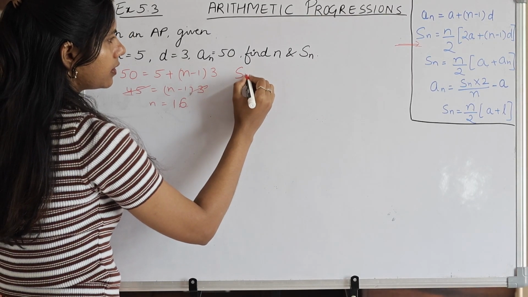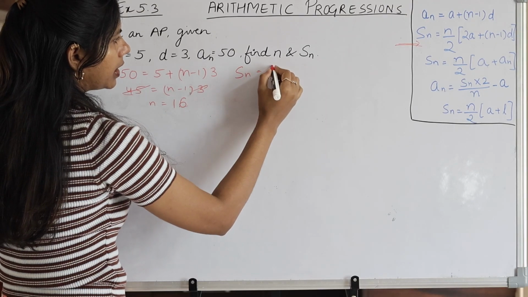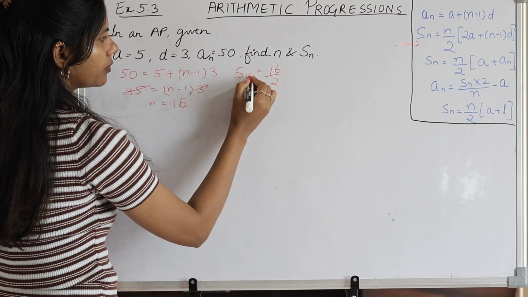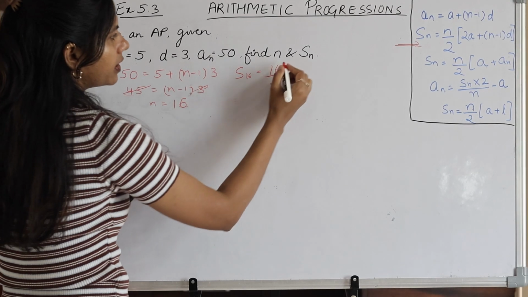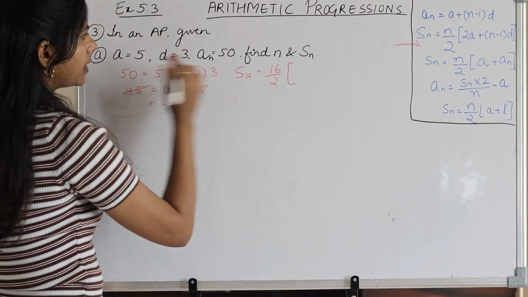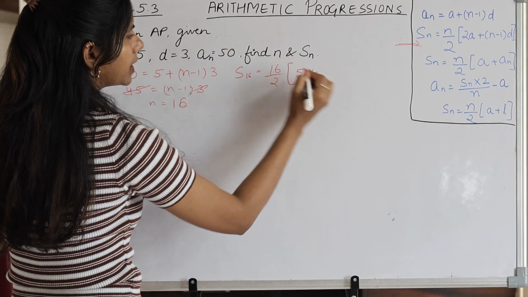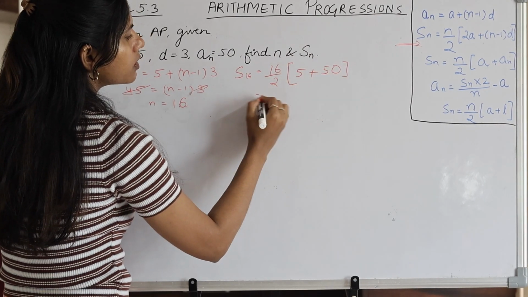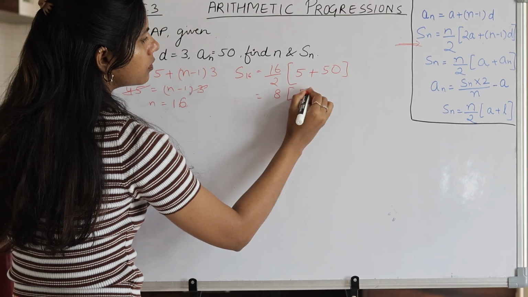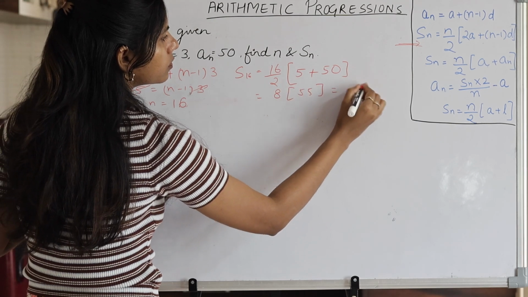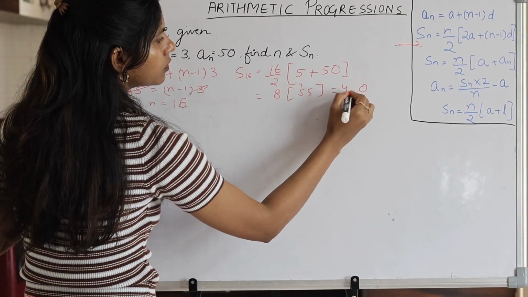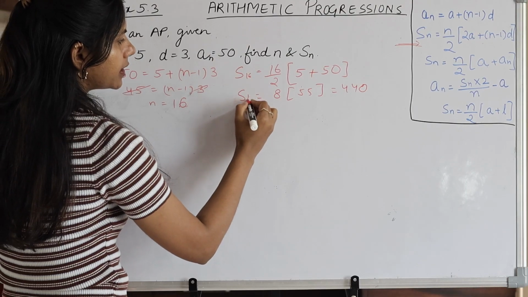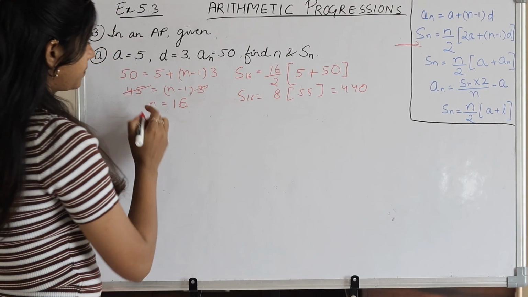Sn equal to n by 2, so we have 16 because we got the value of n: 16 by 2 (what is a here? 5, plus an, which is 50). So Sn is 440 here.